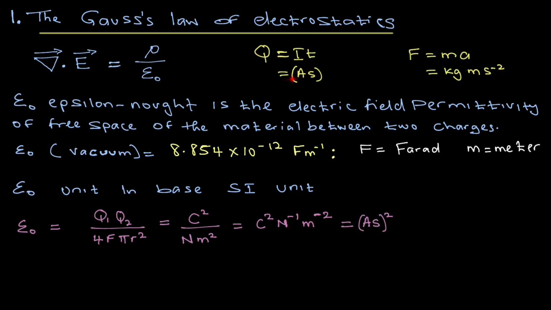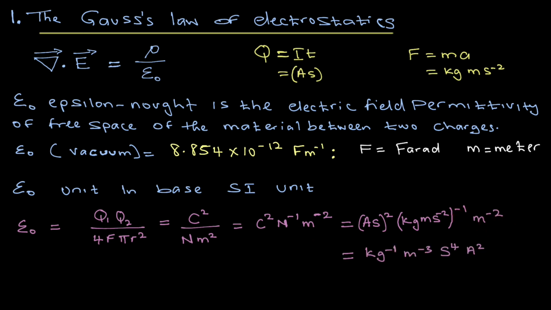And Coulomb is charge, which can be written as AS, so that's AS squared. The Newton is kilogram meters per second squared to the power minus 1, and meter to the power minus 2.